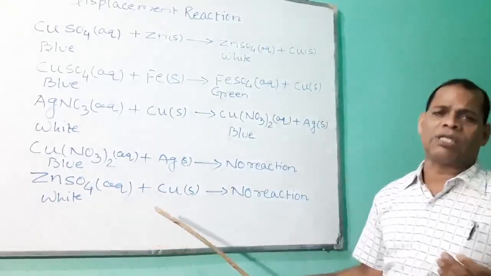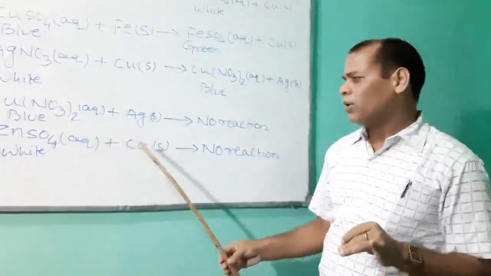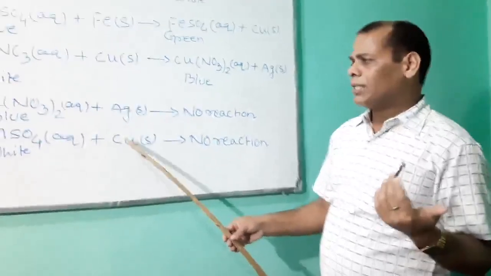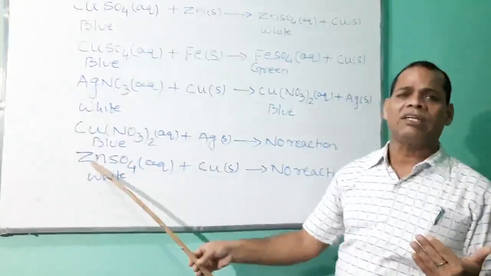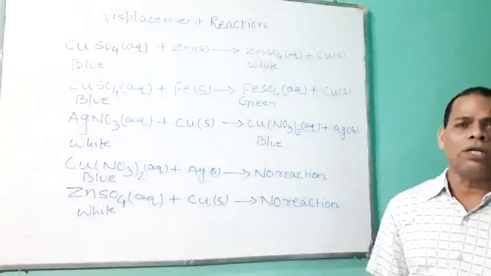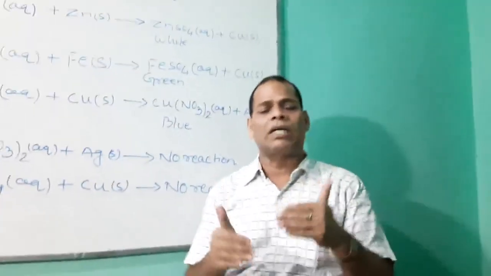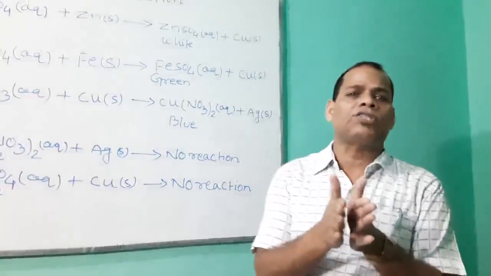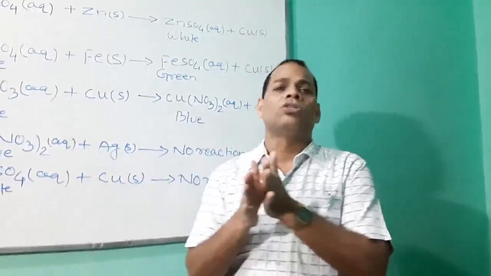So this shows that the reaction is not taking place. So we can conclude that copper is less reactive than zinc. It means only the more reactive metal can displace a less reactive metal from its salt solution.